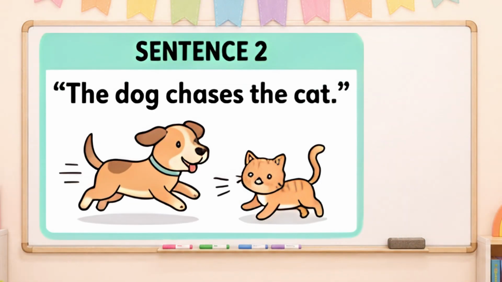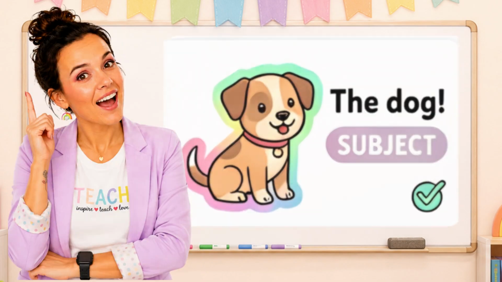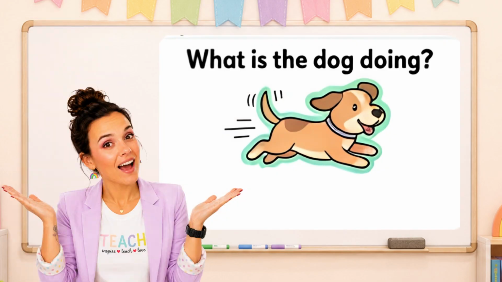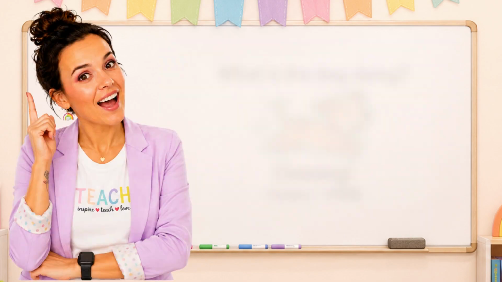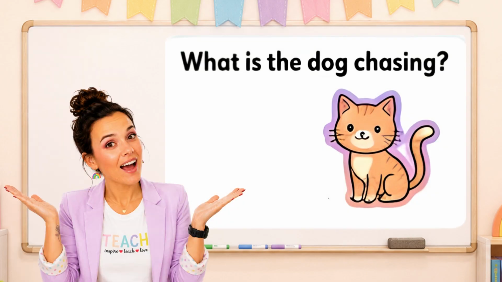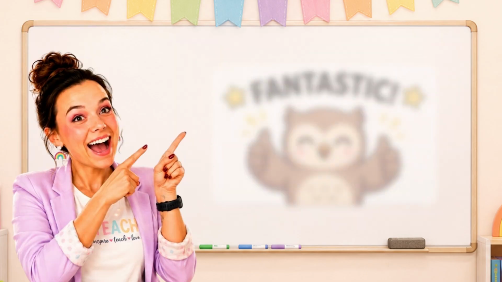The dog chases the cat. Who is the sentence about? The dog. Subject. What is the dog doing? Chasing. Verb. What is the dog chasing? The cat. Object. Fantastic.